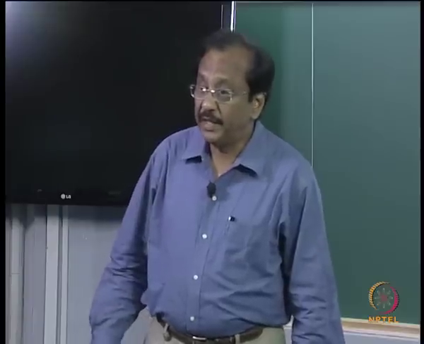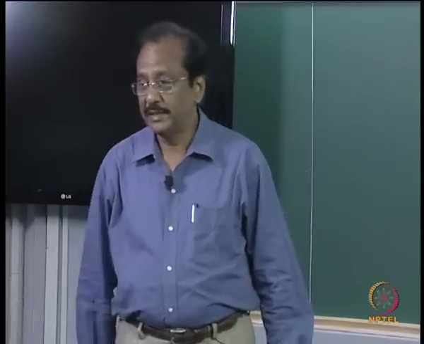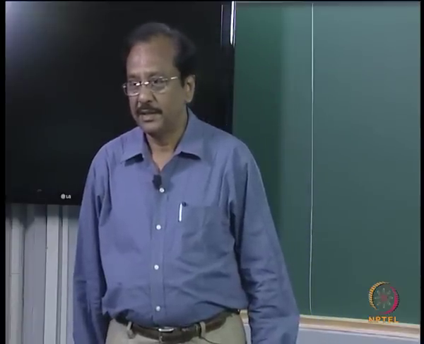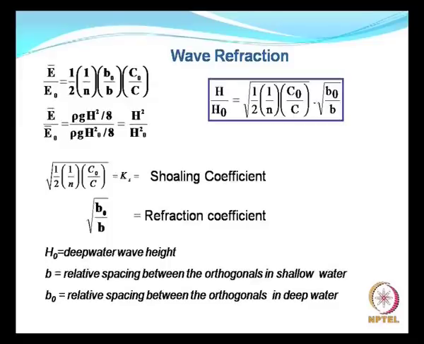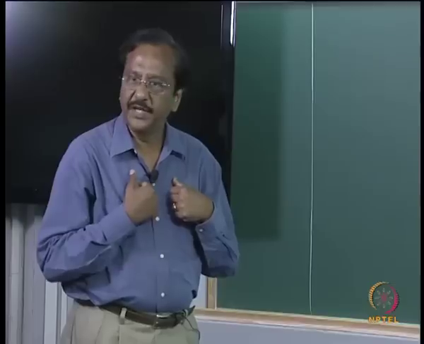What happens if the refraction coefficient is greater than 1? Look at the refraction coefficient. The refraction coefficient is the square root of B naught by B. If it is greater than 1, B naught is higher, that is, the distance between the orthogonals in deep waters is higher.